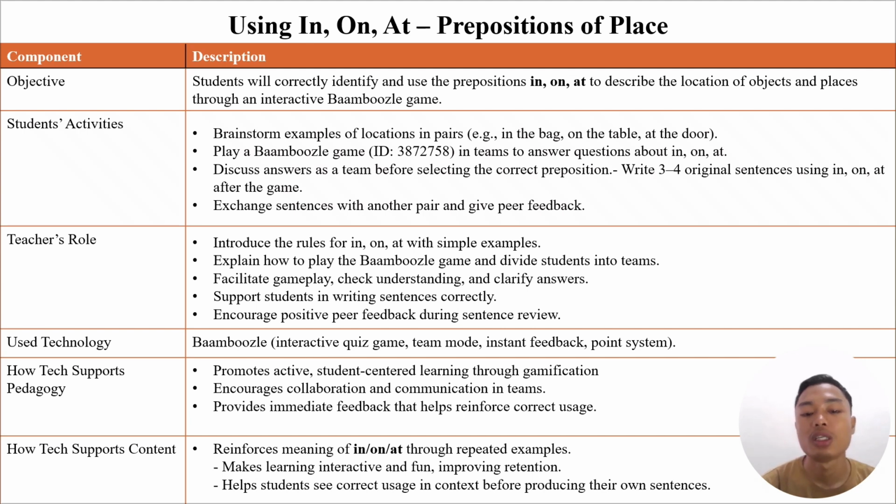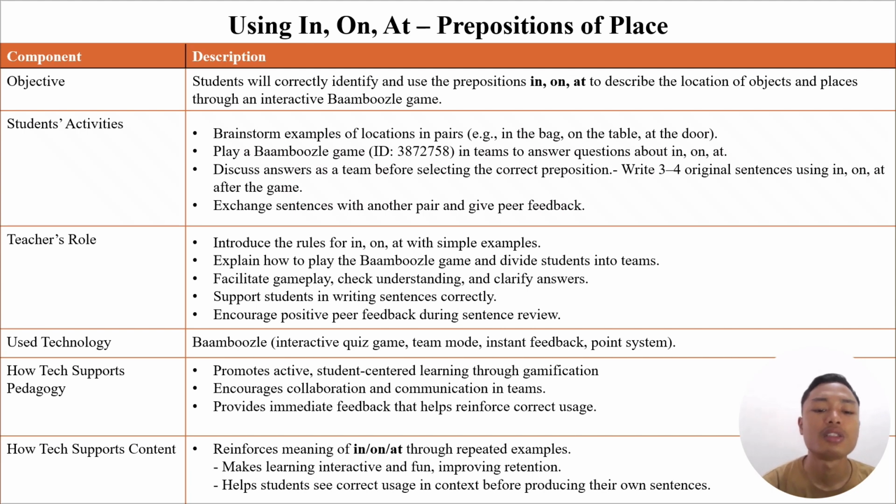Okay. The sixth one is how technology supports content. Okay, here the focus is on how technology helps students learn the actual material, prepositions of place. Okay, point one is reinforces understanding through repetition. Repeated exposure to in, on, at in different contexts helps students remember their usage naturally. Point two is makes learning more interactive.